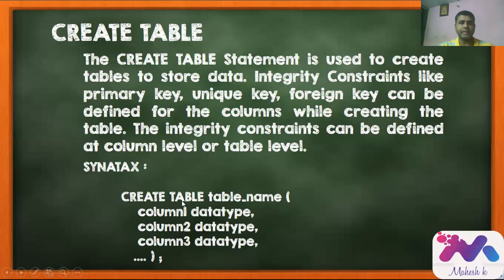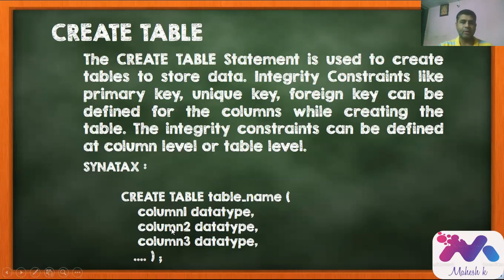So what is the create syntax? Create table and table name. The table name should be unique. If it already exists in your database, then you can't create it, so assign a different name. Then open bracket, column name, that is the field name, otherwise attributes, then the data type, whichever data type you need as per your field. Then comma, and on the next line column 2 with the appropriate data type.